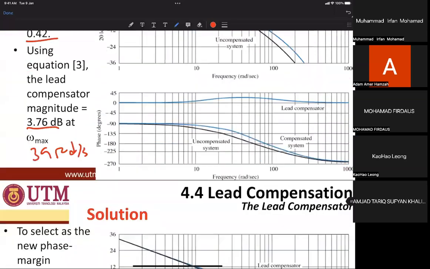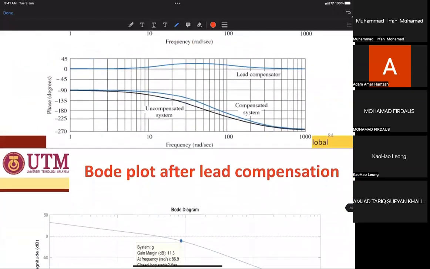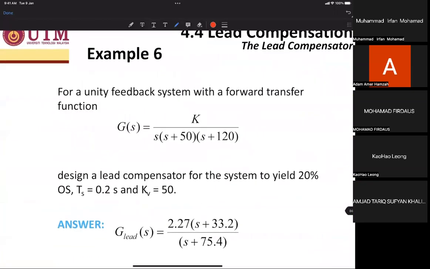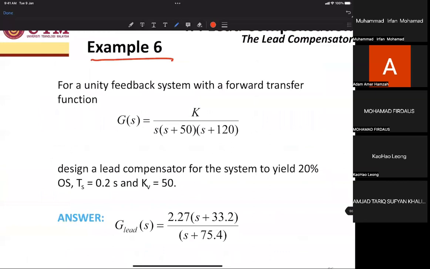So the last example, Example 6. Nur Aina, tolong baca. For a unity feedback system with a forward transfer function, design a lead compensator for the system to yield 20% overshoot, Ts equal to 0.2 second, Kv equal to 50.